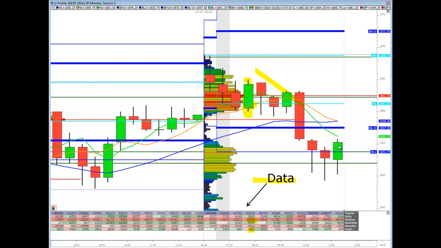In this case, it didn't. And then look at the finish, again another negative finish, and the delta for the day is significantly negative, negative 26,000. So there are a number of different ways that help us as profile traders, with the data that we have and the tools that are available to us, to protect us from taking some of these trades where others may get trapped.